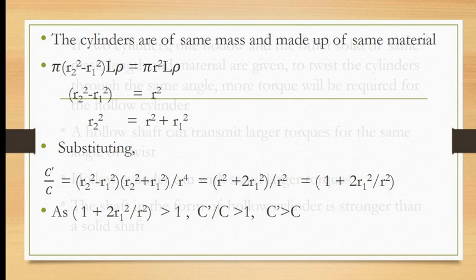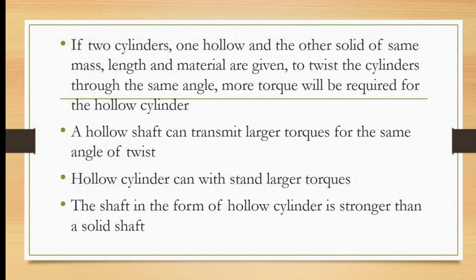What does it mean? If two cylinders, one hollow and the other solid, of same mass, length and material are given to twist the cylinders through the same angle, more torque will be required for the hollow cylinder.